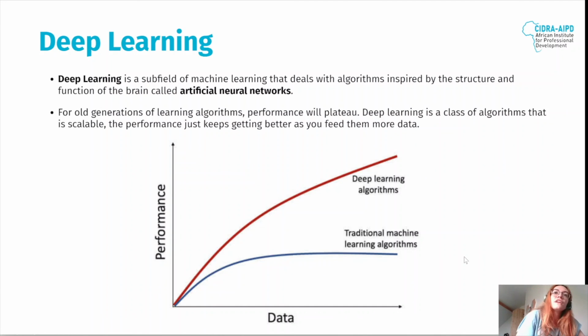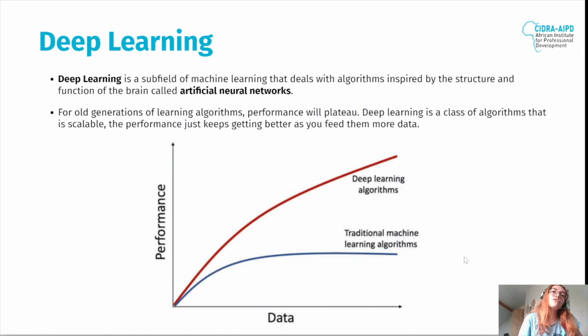The algorithms in deep learning are inspired by the structure and function of the brain. That's why a lot of the models here are called artificial neural networks, or just NN, neural network.